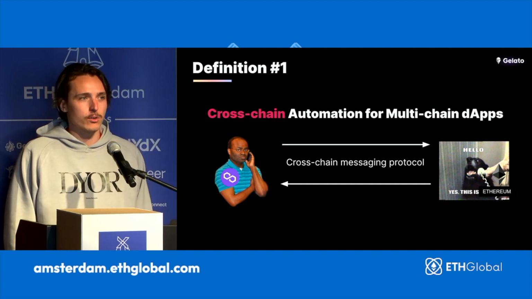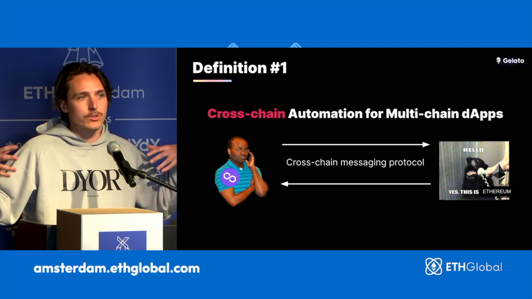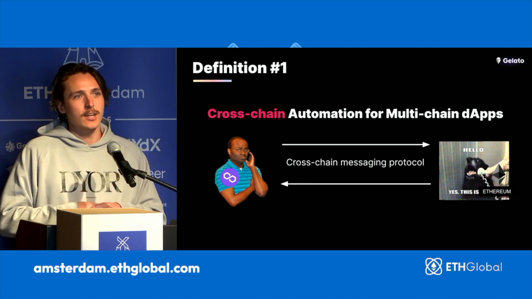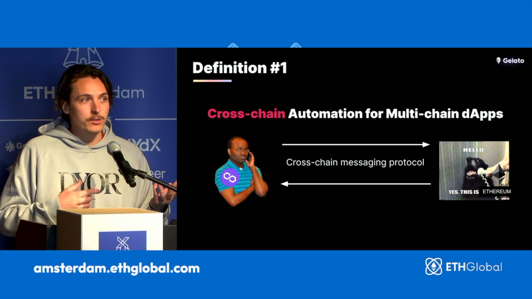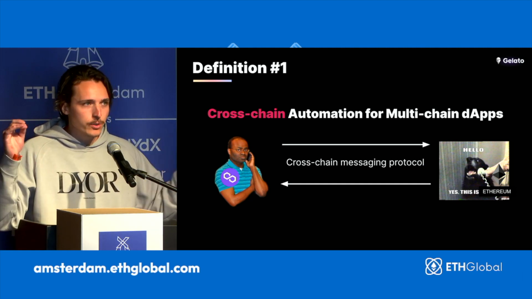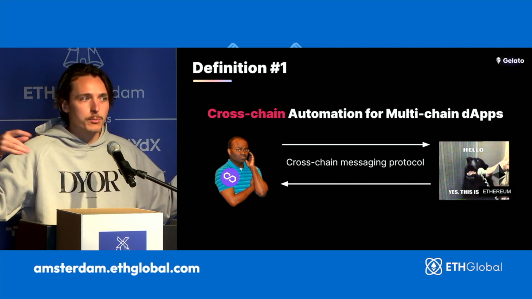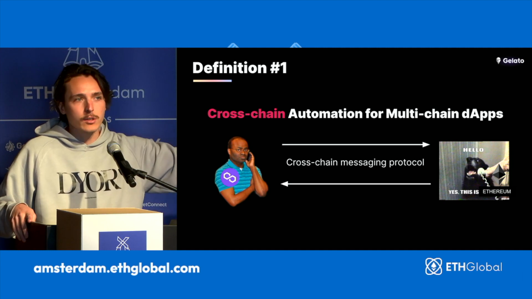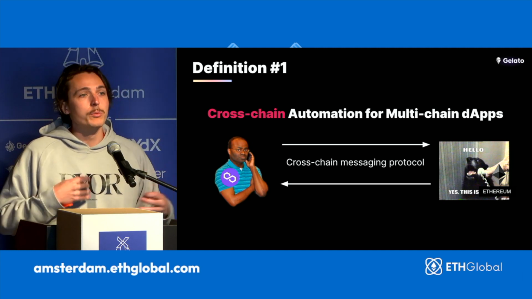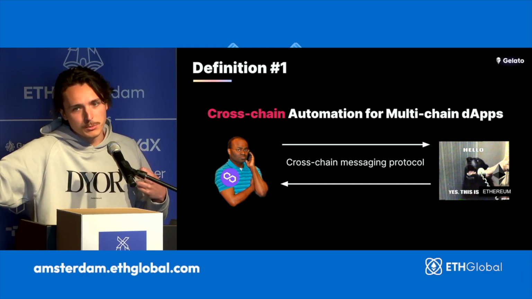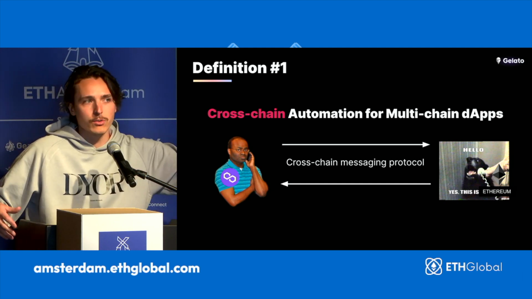That's why cross-chain messaging protocols exist. They are a layer in between that allows you as an application developer to let two different smart contracts, on Polygon, on Ethereum, or on any other EVM-compatible network, communicate with each other and say, hey, I just received some money from a user, and you should know about this on Ethereum, for example.